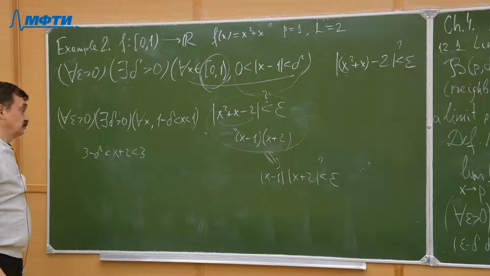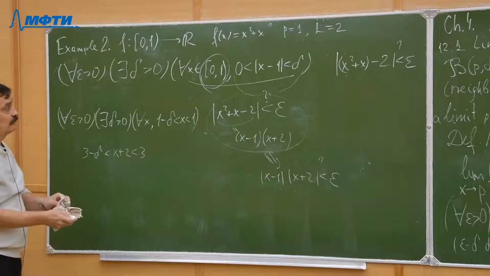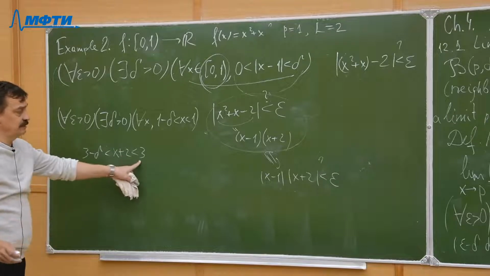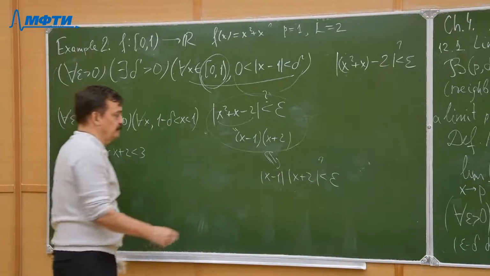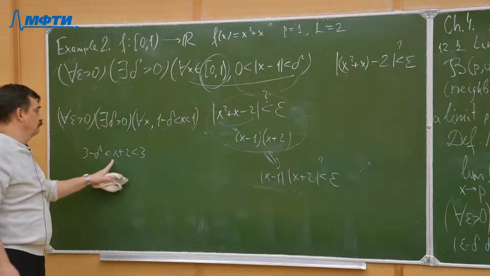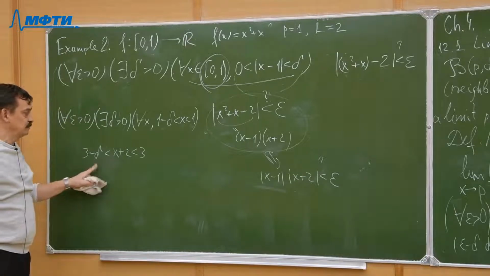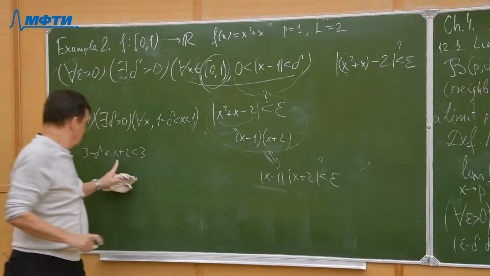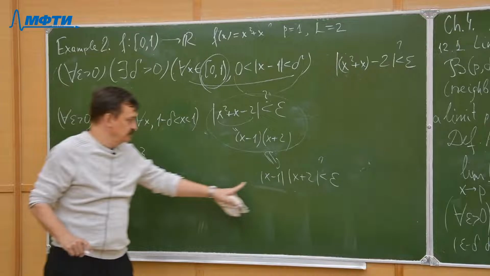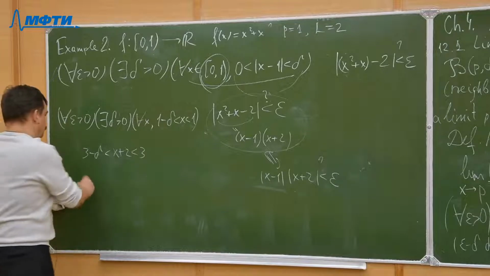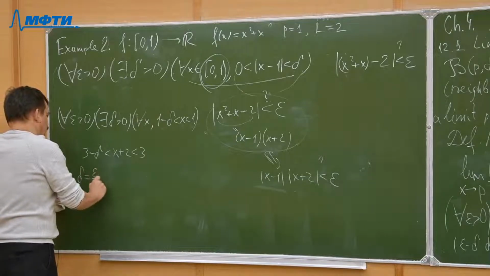So if we substitute our bound for x plus 2 into this inequality, then it suggests that we can choose delta equals epsilon over 3.